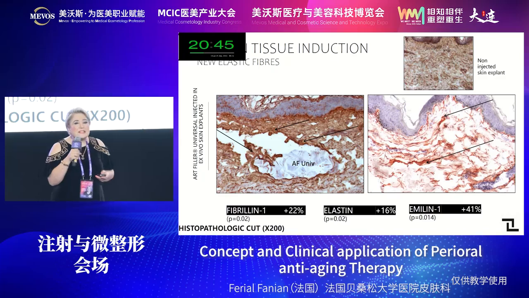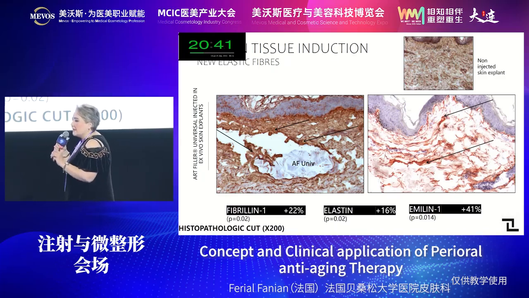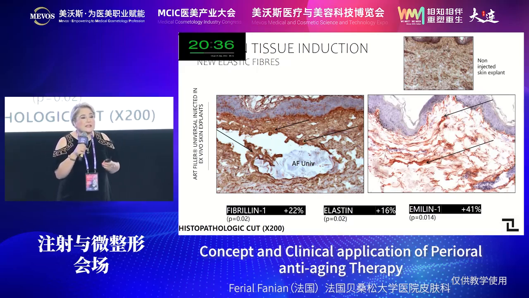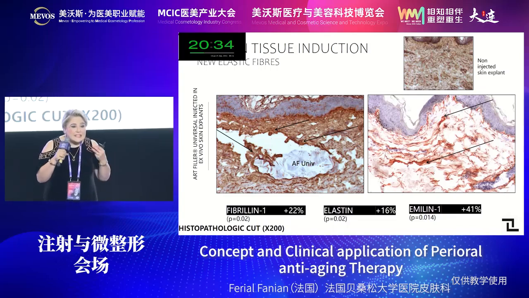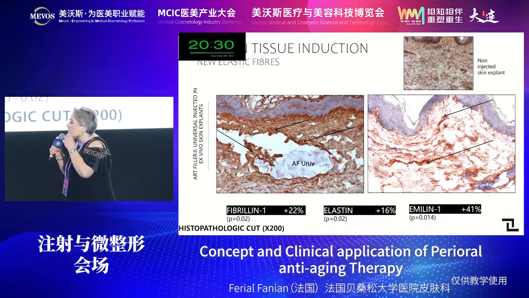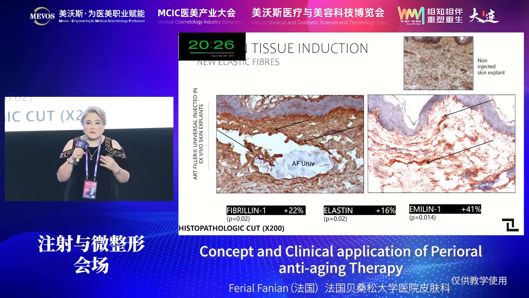So, for the tissue induction, that is very important. When you inject a gel, a filler, in the tissue, there is a reaction in the tissue, and we need this, because the role of the filler is not only to fill the tissue, we need to have the positive effect also.